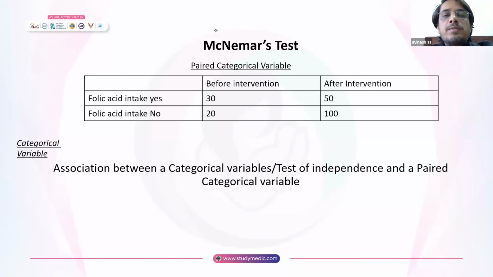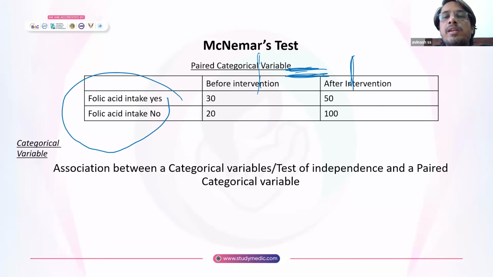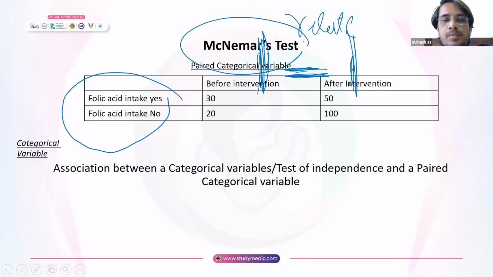Now, the McNemar test is for categorical variables only, but the two groups are the same, related. Folic acid, whether they are taking yes or no, is a categorical variable. Before intervention and after intervention is also a categorical variable. Whether there is a difference, because these groups are related. So if the groups are related, then we use the McNemar test.